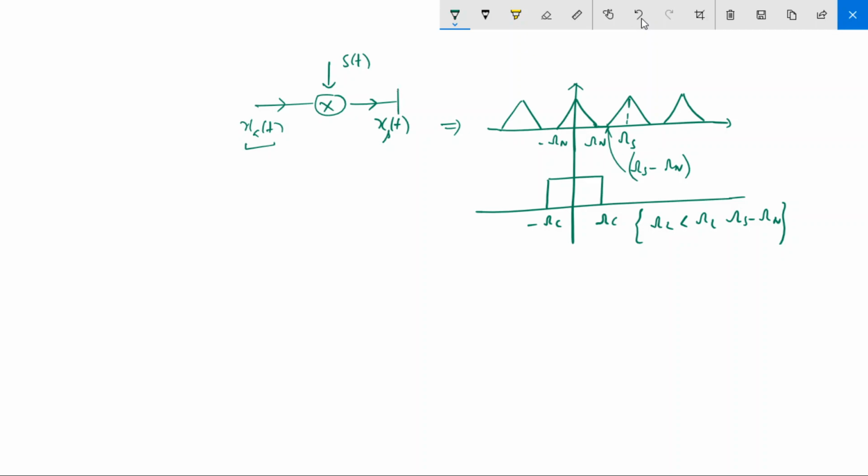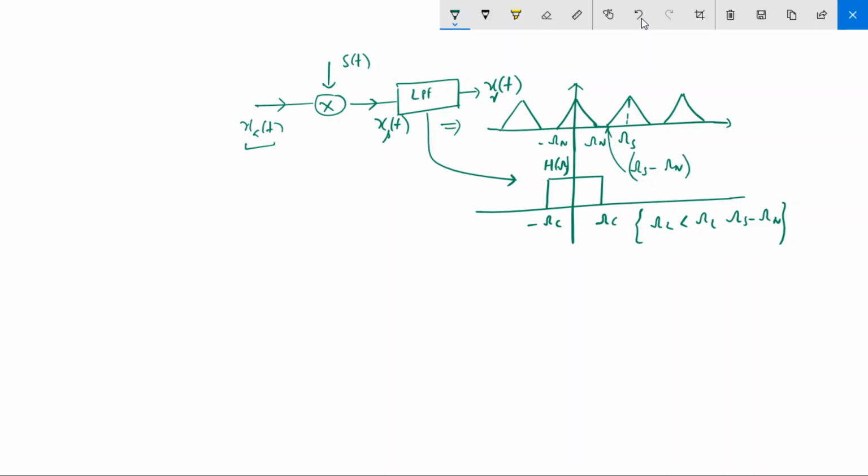If I pass it through a low pass filter with a frequency response like this, h of omega, this will give me the reconstructed signal x_r(t). In frequency it is very clear that this will only pass this spectrum, and all these replicas, or images, will be stopped by this filter.